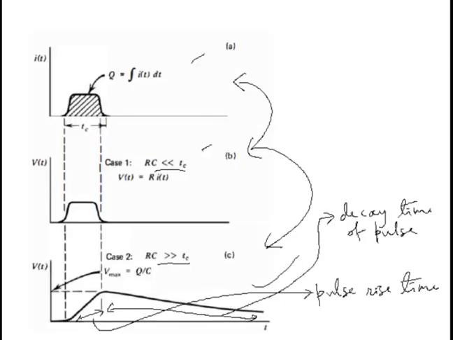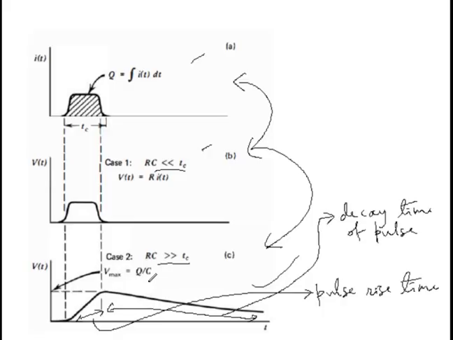Now let me talk about the second very important feature which can be said from our discussions. The amplitude of the signal pulse here, what is it? It is Vmax, Q by C, right?